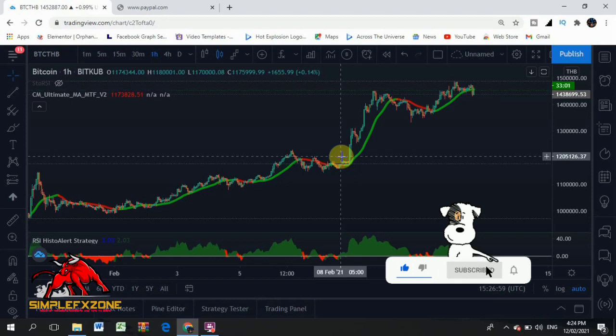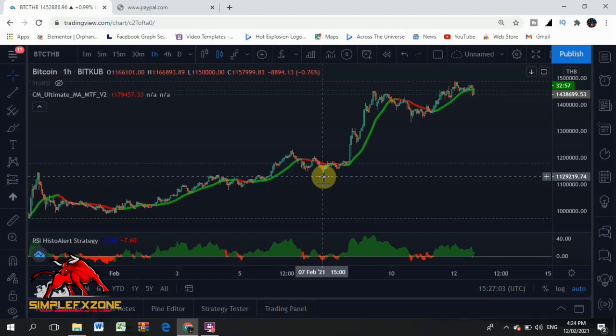Your stop loss will be at the recent higher low, which is here, and then you put your desired take profit. It depends on how you want the market, but I advise 1:2 or 1:3.